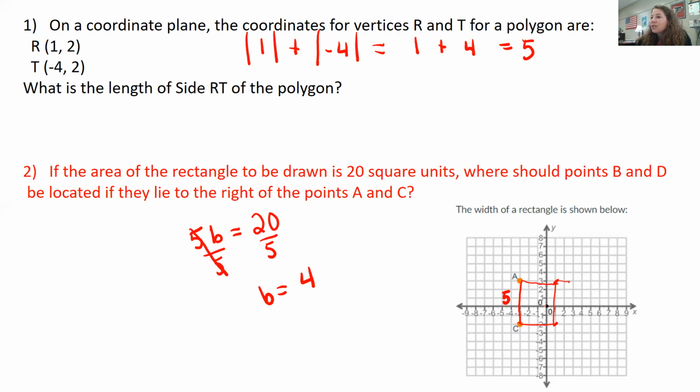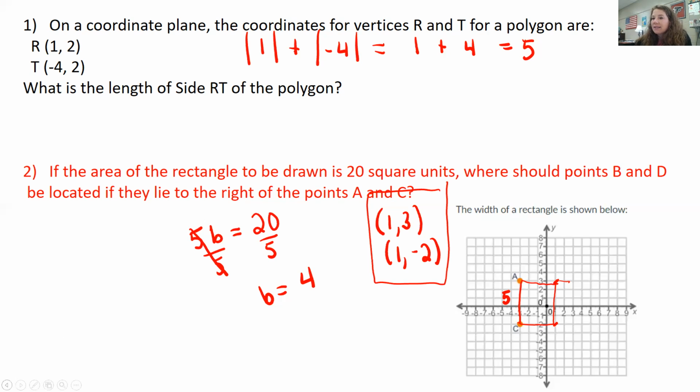If I start at the origin, I would go right 1, so my first ordered pair is 1, and then from there I go up 1, 2, 3. So that's one of my coordinates. And then to get this one, start at the origin, go right 1, and from there I would go down 2. So these are my other 2 coordinates if it asks me for those.